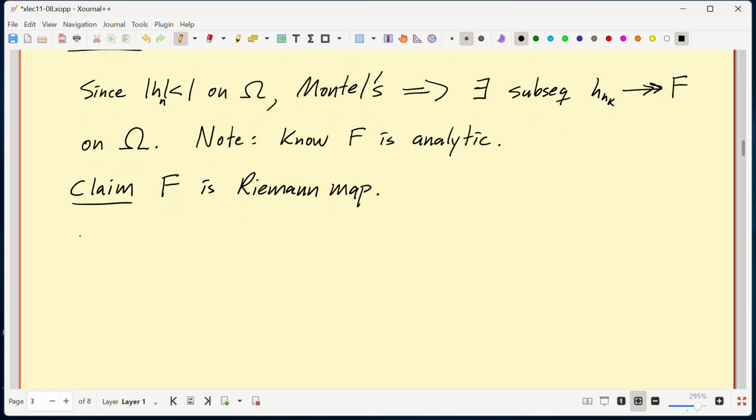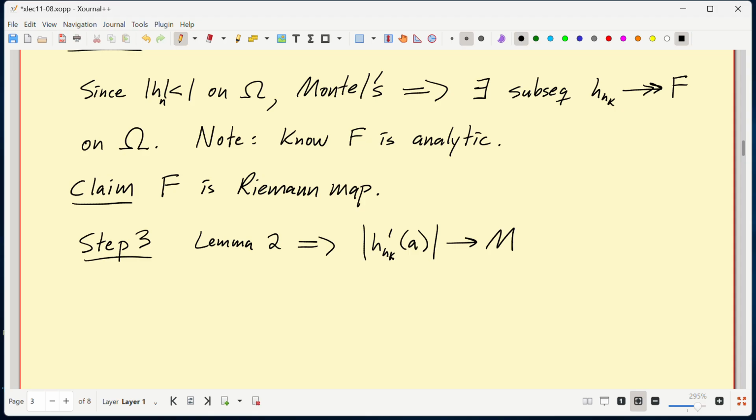Okay, so let's see. Now we're on step 3. Lemma number 2 implies that the HNK derivatives at A, modulus, tends to M. I mean, it tends to the sup.